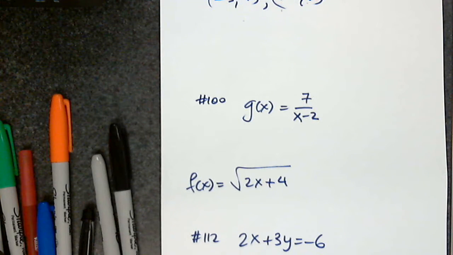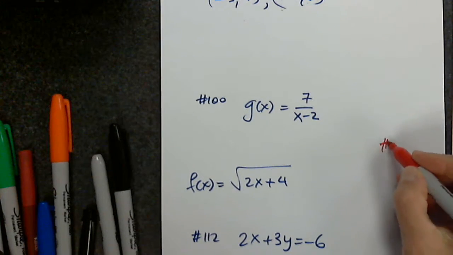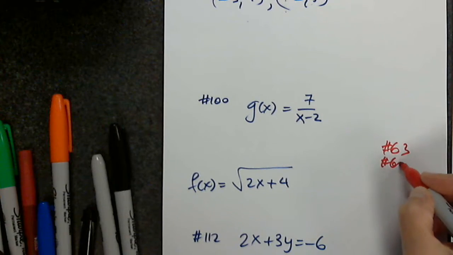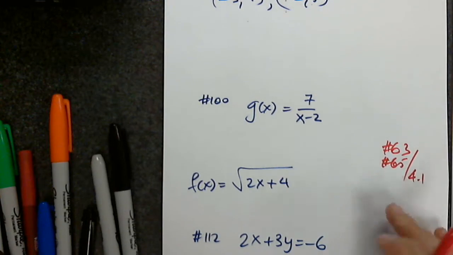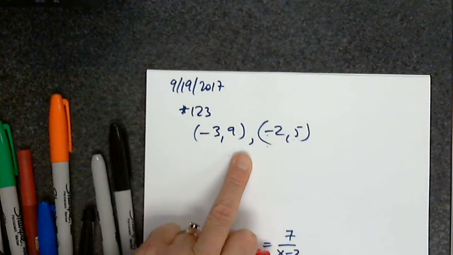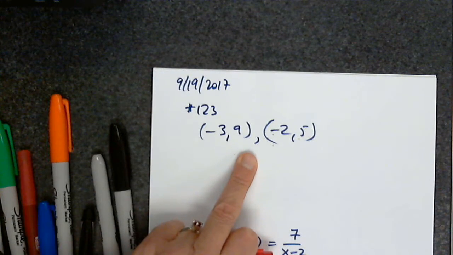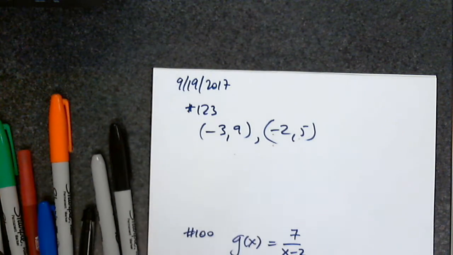So this is 65 on 4, that one. 63 and 65 and 4, that one. Okay, good. So let's work on these, and then I will not forget. We are working on this, just to find the equation of the line passing through the given points.